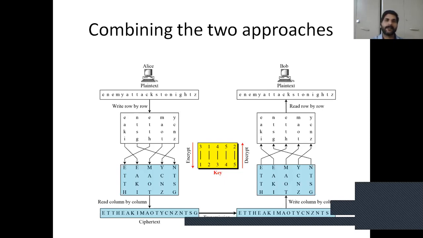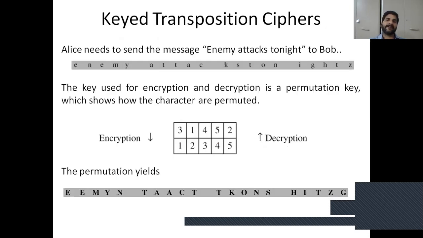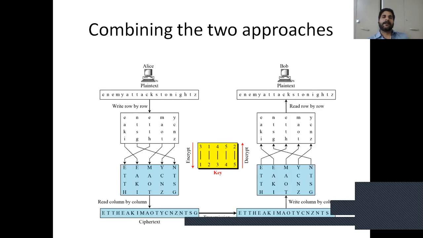Now to summarize again. In the keyed transposition cipher, we use the key 3 1 2 4 5, giving the permutation 3 to 1, 1 to 2, 4 to 3, 5 to 4, 2 to 5. Given the message to send, enemy attack tonight, first Alice writes the plain text row by row. After writing row by row, we apply the encryption key.